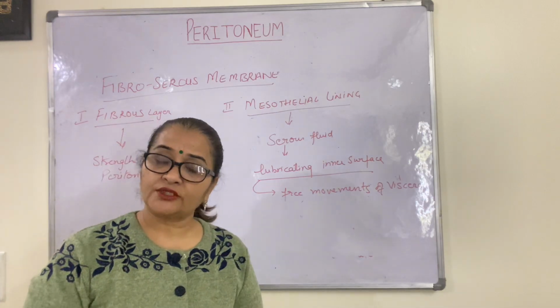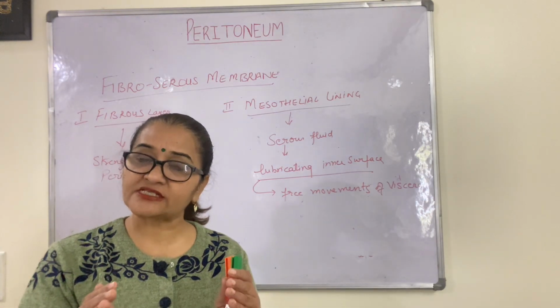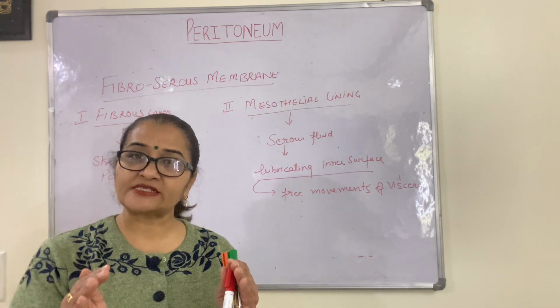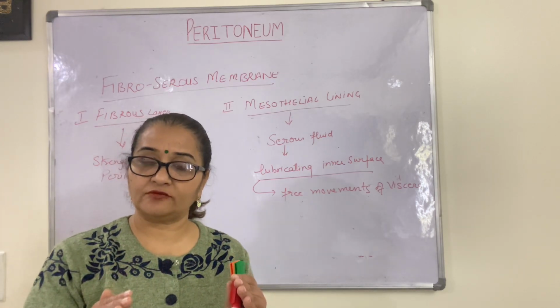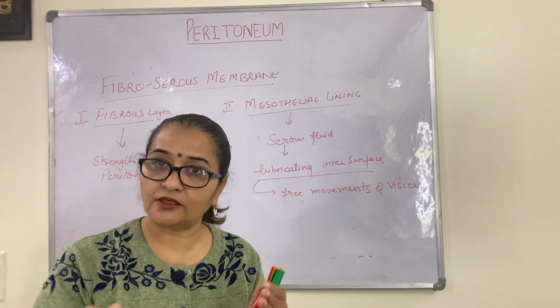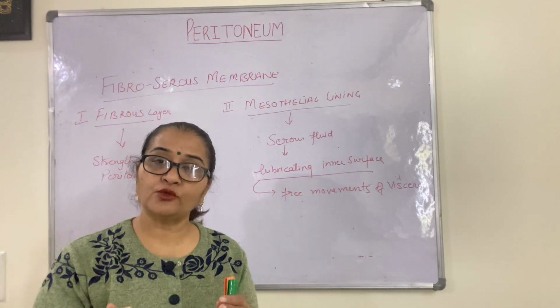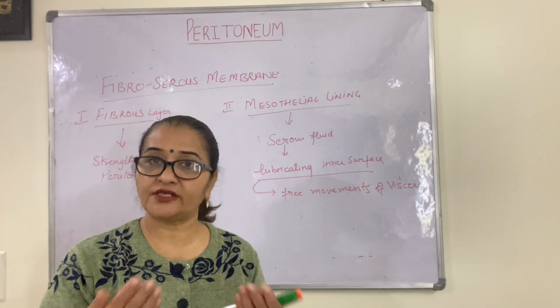Now, as we know, there is a peritoneal sac. Now this peritoneal sac or peritoneal cavity, as we have discussed in our development of the GIT, is invaginated by the various viscera.